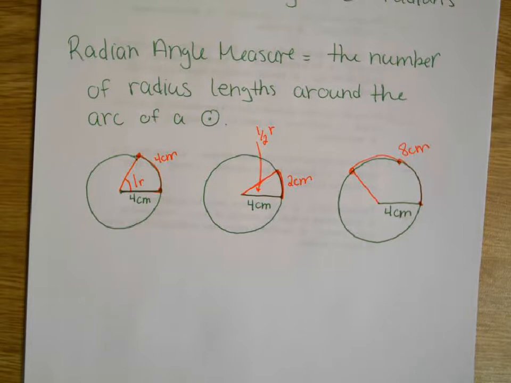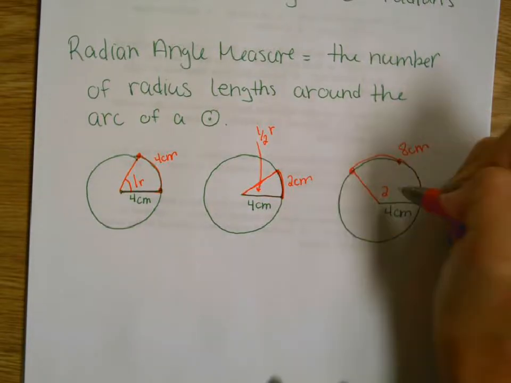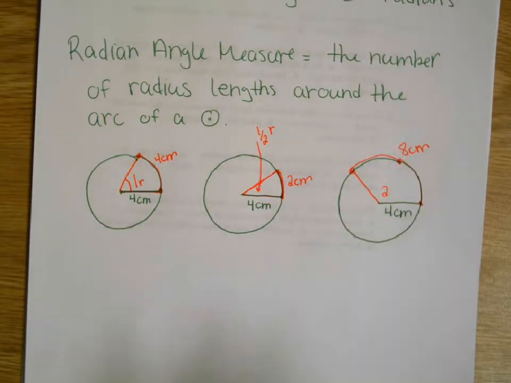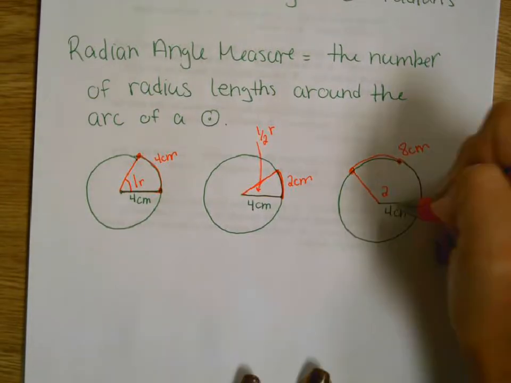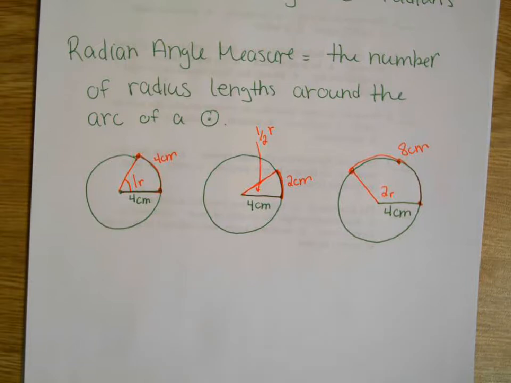Adam? 2 radians big. Okay, so you have a concept of what a radian angle measure is telling you. It's telling you something about the arc length. Okay? So now we've got to tie this into degrees. What's going to be our conversion?